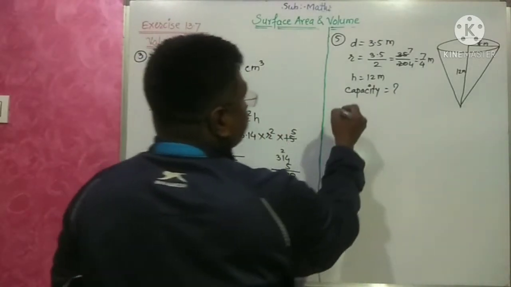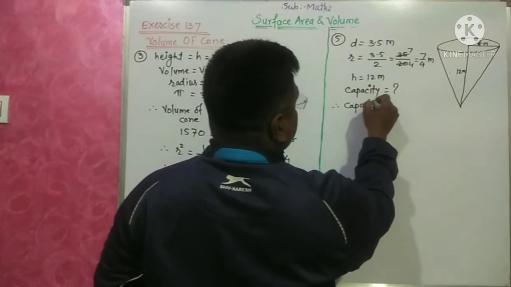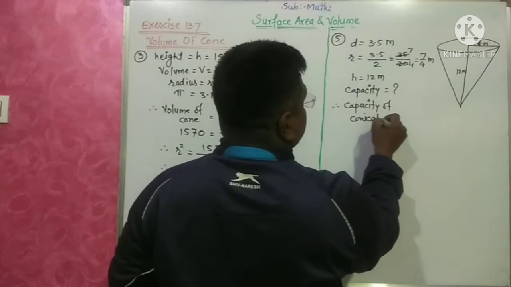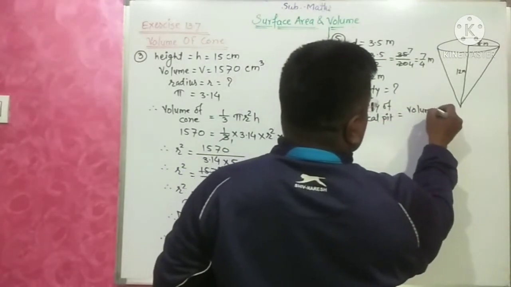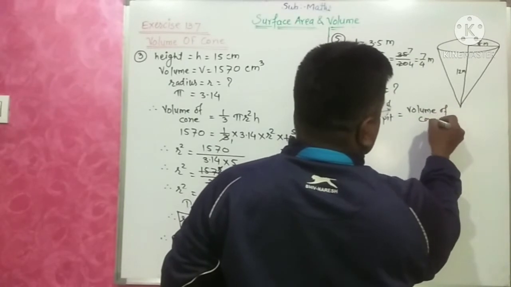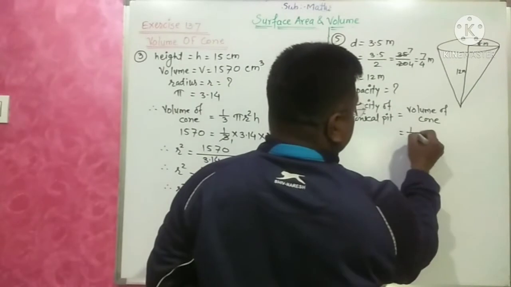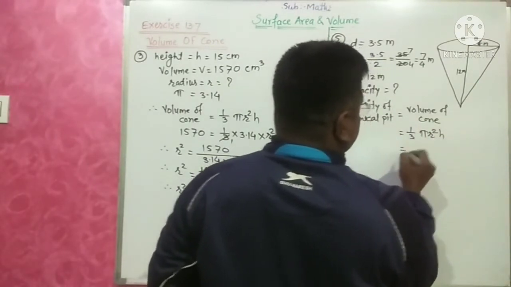So how to find? Therefore, capacity of conical pit equals volume of cone. So what is the formula for volume of cone? 1/3 pi r square h.